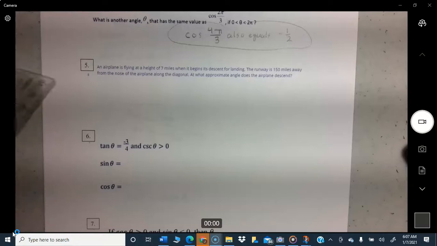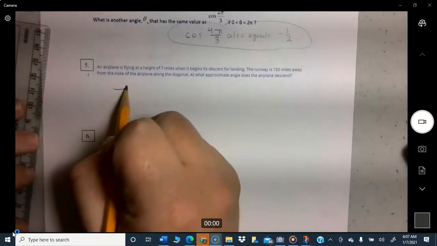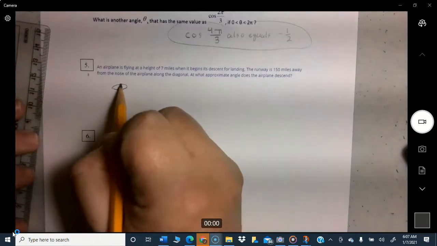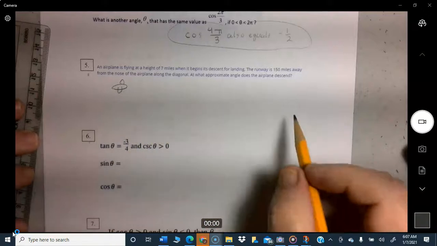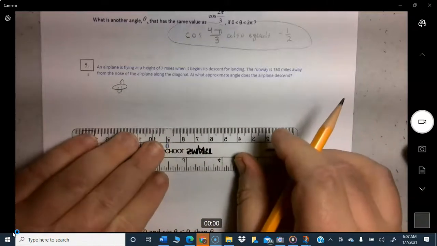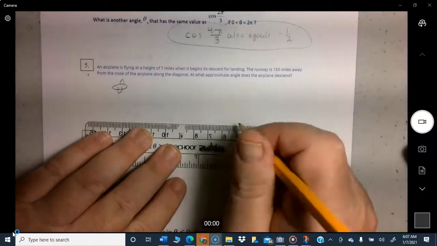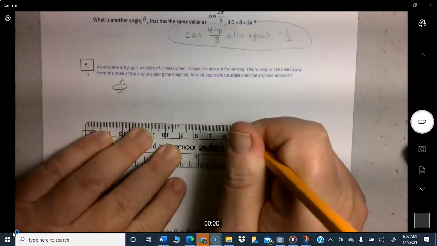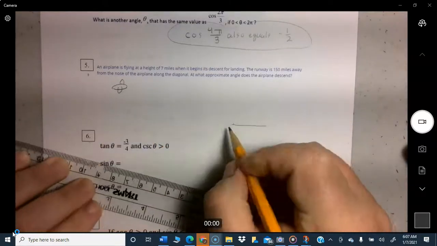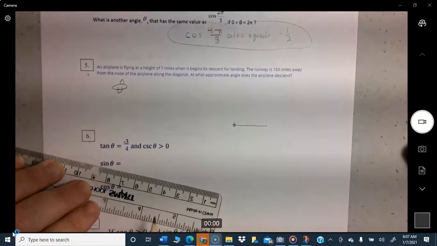Okay, so what you're going to do is, here's your airplane. Okay, here you go. It's got wings on it. It's flying. Here's the runway over here. So here's the runway right there. We're going to say that's where the runway begins, right there.